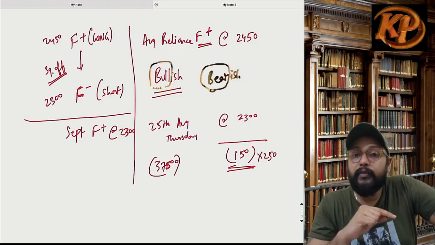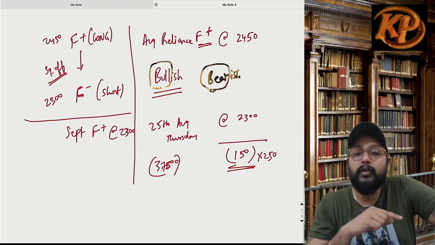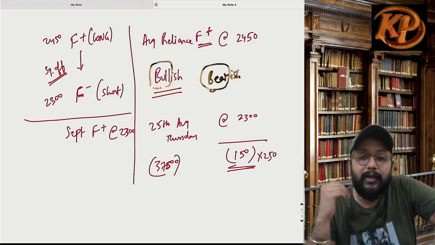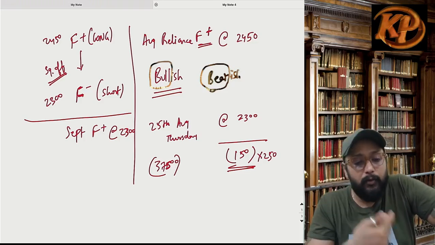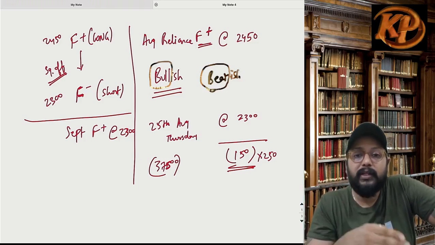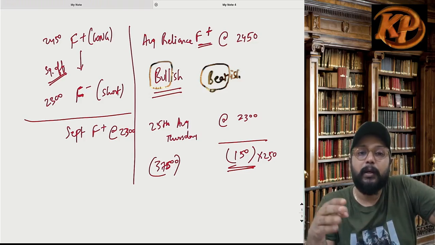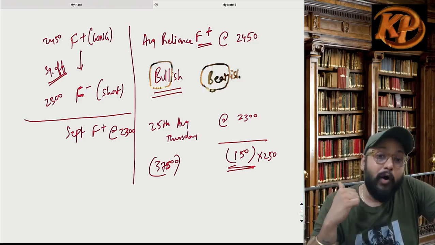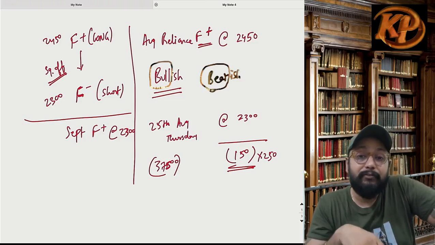But if you stay confident about a scrip, you want to continue holding it, then on 25th August you will have to roll over. Close the August contract, take the September contract, and from there again price changes will happen. So at 2300, let's say it starts going up, that will show as a profit in your account. But is that a profit? No. I have an August month loss of 37,500.